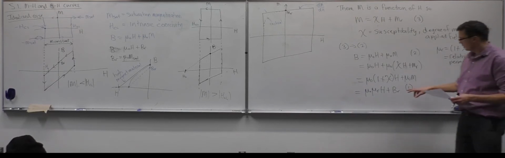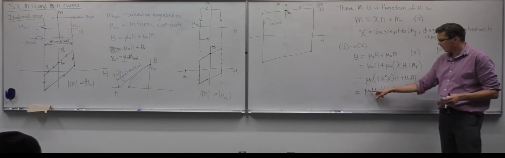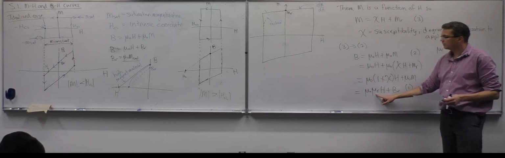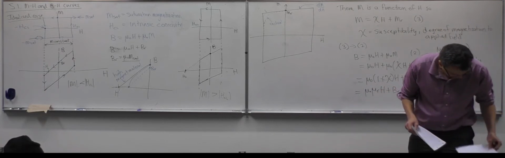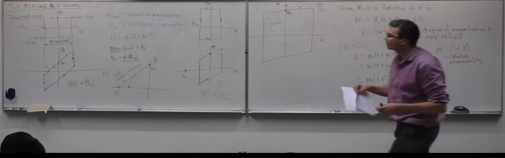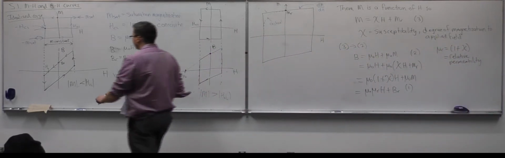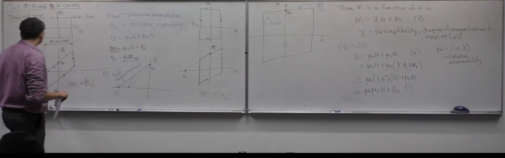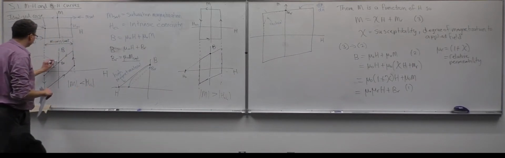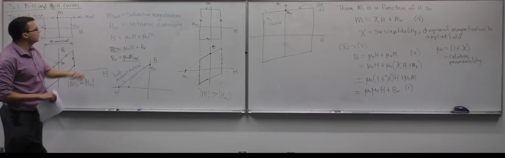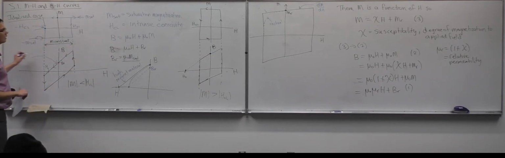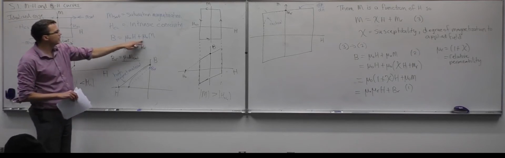And so this here has the relative permeability in it. And over here, this has to be B equals mu naught H plus mu naught M, right?